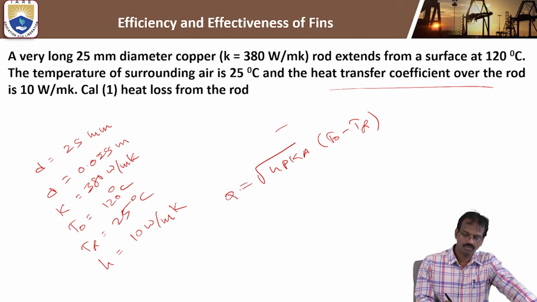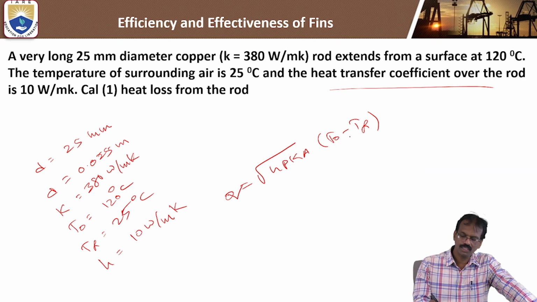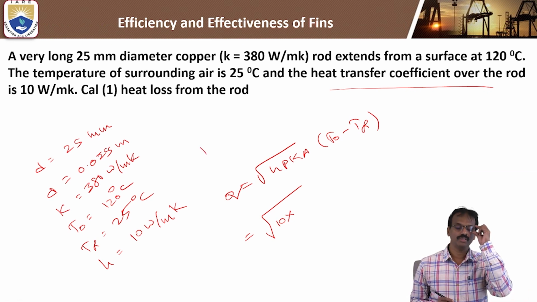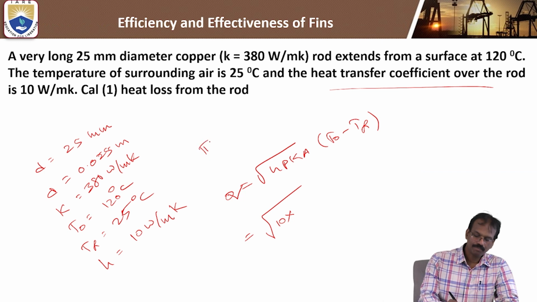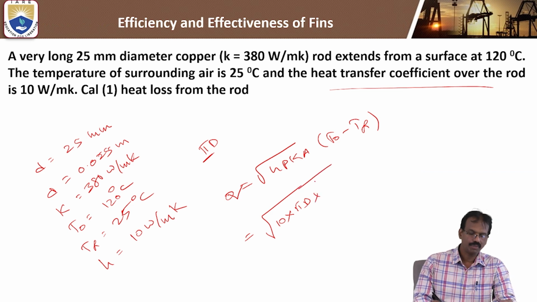Heat loss through this fin. You know this formula: under root hpKa into theta naught is equal to under root of h, the given value 10, into P, the perimeter. The perimeter of the round fin is pi d, that is pi into diameter, into K, the thermal conductivity 380, into area.